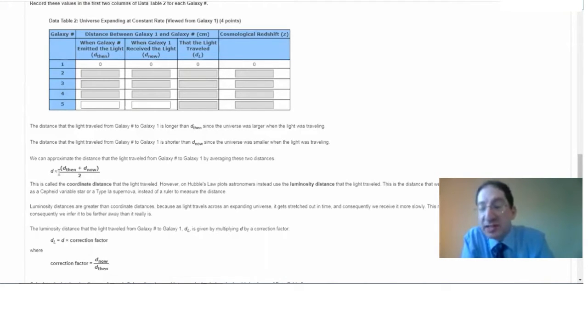Now, of course, astronomers don't have that ability, but we can measure distances across space. We just do it using standard candles, such as Cepheid variable stars or type 1a supernovae. And when we measure distances in this way, we get a somewhat different value, a distance that we call a luminosity distance, and it's somewhat greater than coordinate distance for the following reason. The standard candle is emitting light, and the light is coming to us.